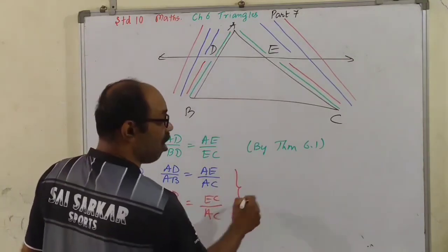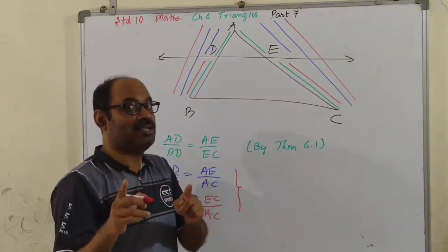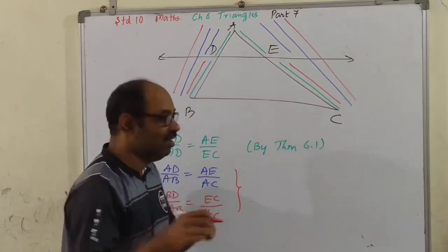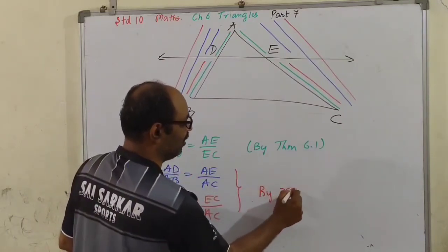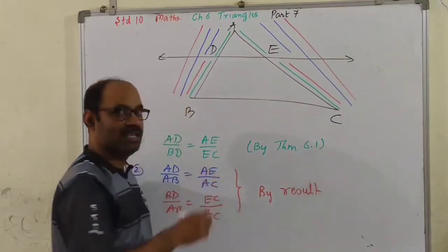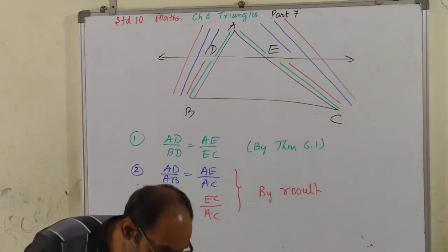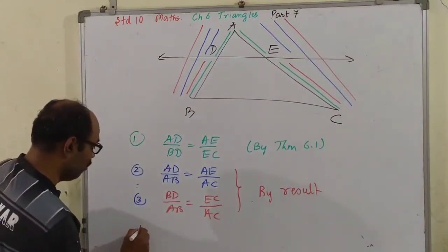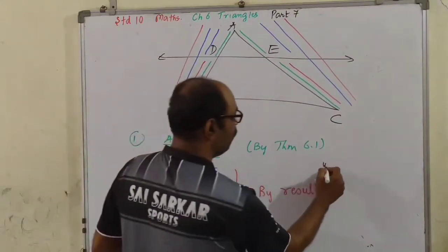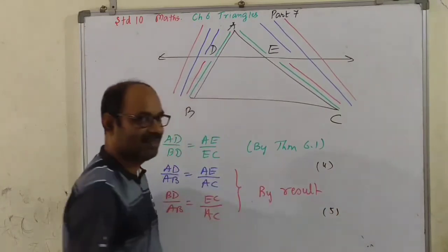Both of these you got in illustration 1, example 1. So we say by result, the result that we proved. And 2 more, I'll write here 4 and 5.